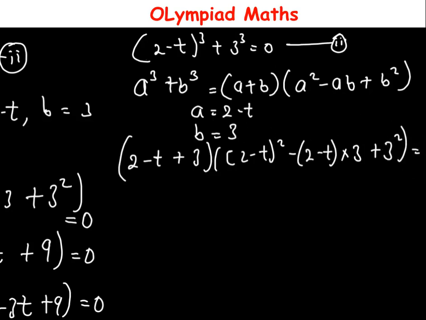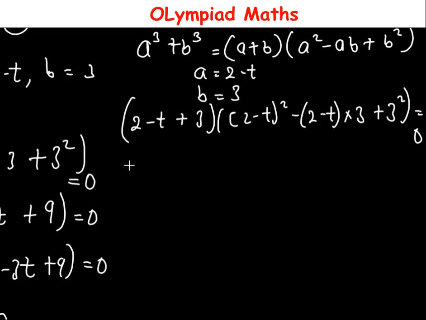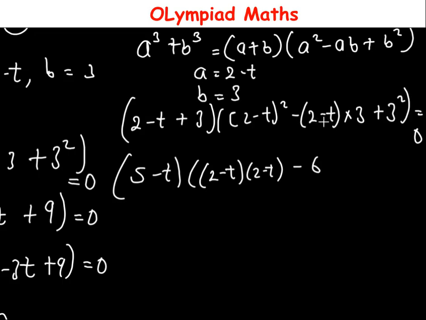all is equal to 0. So from here, we have in bracket 2 plus 3 is 5, then minus t, multiplied by 2 minus t squared, which is the same thing as 2 minus t multiplied by 2 minus t. Then we have minus 2 times 3 is minus 6, minus times 3 times minus t is plus 3t.